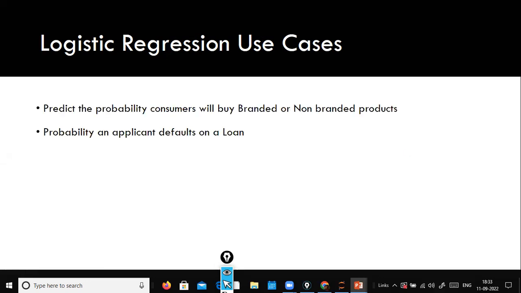Look here, this word churn. Churn means leaving the company, leaving the business. So before the customer even leaves the business, if we get to know what their problem is, and if we can address it proactively, which means well ahead, the chances are that the customer will not leave your business.